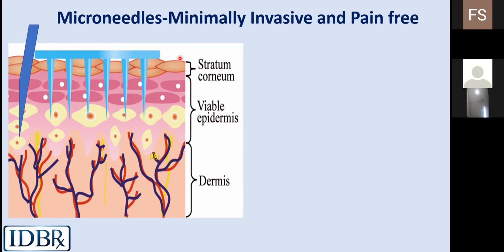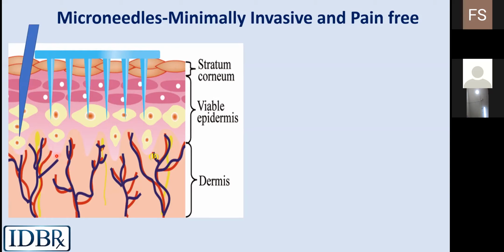The main barrier is stratum corneum for polar molecules. The main barrier for lipophilic molecules is this epidermis, right? So if you can make a microneedle system, you would be able to deliver both hydrophilic as well as lipophilic molecules deep down into the skin, either for dermal application or for transdermal delivery.